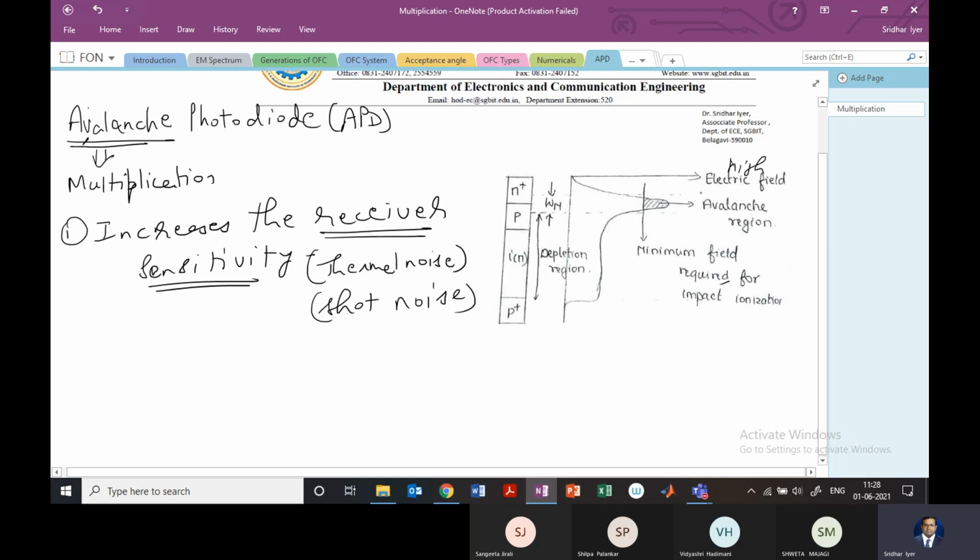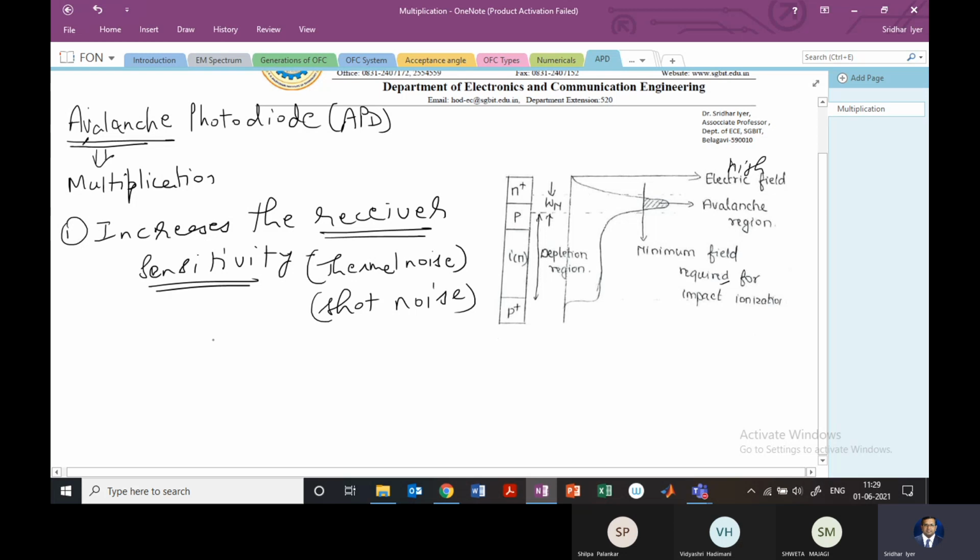So whatever photo carriers are generated, we ensure that the system is such that these pass through this high electric field, and within this high field in this region, this photo generated electron or hole, whichever is the charge, will gain that much energy that it is going to ionize in the valence band upon colliding with the other charges, right? So more and more of these charges will collide with each other, and therefore the number of carriers will increase, right?